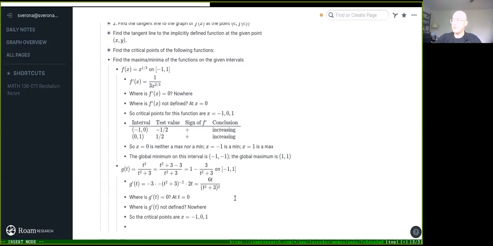So I don't want to do the first derivative test business again. I'm just going to do it the short way and say, uh-oh, that should be t, not x. I'm just going to say g of -1. That's going to be, it looks like, 1/4. G of 0 is, of course, going to be 0. And g of +1 looks like 1/4 again.